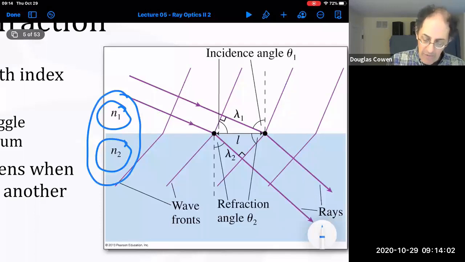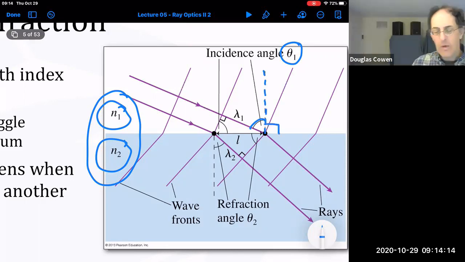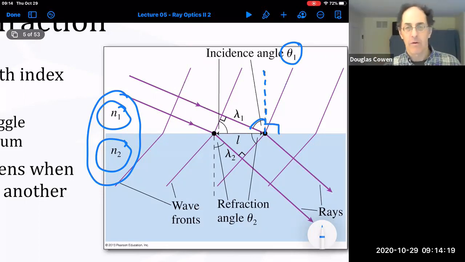There's an angle of incidence, which you remember is defined with respect to the normal. And in this case, the normal is a perpendicular line to the plane of the interface between these 2 materials having index of refraction N1 and N2 respectively. So that's the angle of incidence.